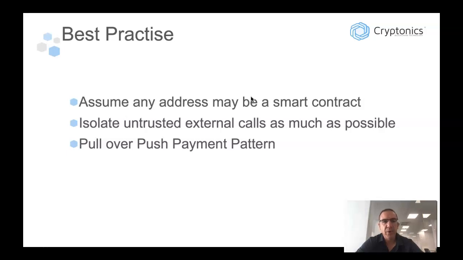So in the case of the auction, instead of doing the actual send transfer, you just mark this amount of ether as withdrawable by a certain address, and then this address can make the call. The complexity of this you deal with on the user interface side, rather than in the smart contract. And that means that this type of attack cannot occur.